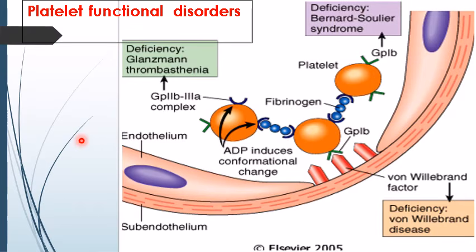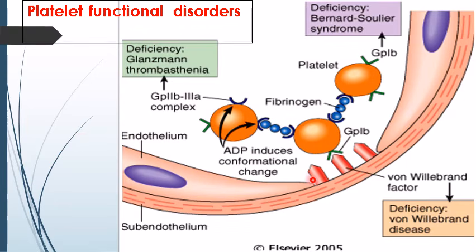As you remember from the beginning of the lecture, we said that during response to injury, platelets have three functions: adhesion, activation, and aggregation. So abnormality in these functions leads to what is called functional platelet disorders.